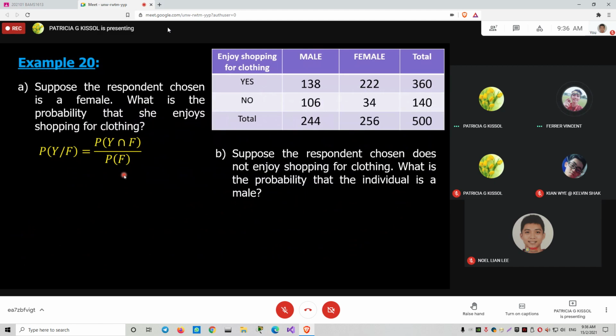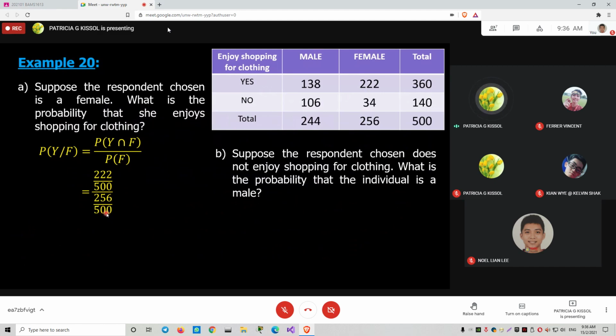Yes, it's the total of female, which is 256. So you just divide 256 over 500, which is the grand total, and put it into the formula. Now, some students don't write the over 500.